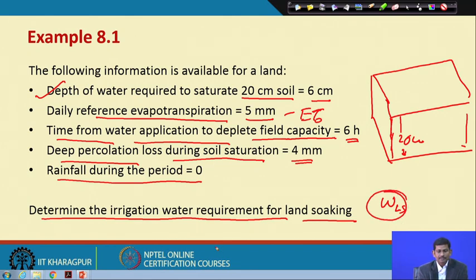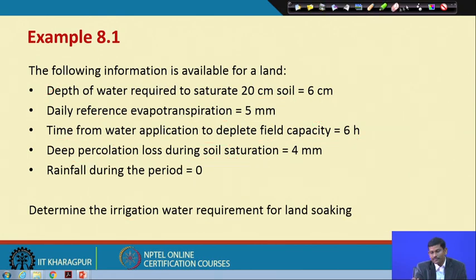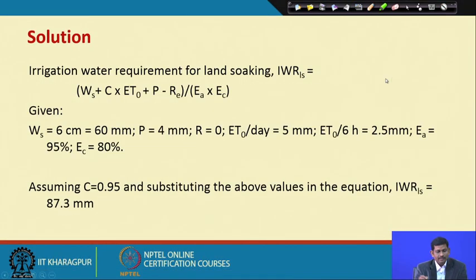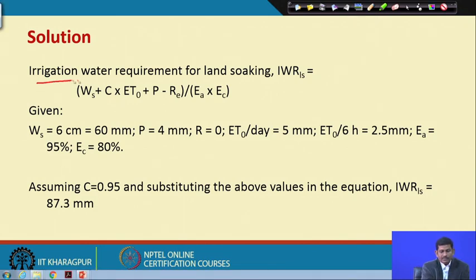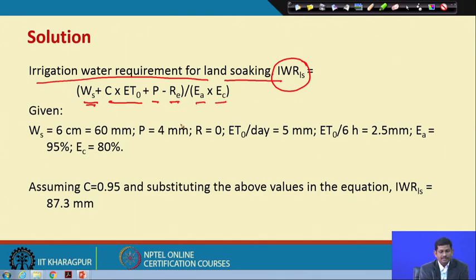Okay. So, this you need to find out. We have an equation, you can bring the equation here and substitute the data. Let us see the solution. The irrigation water requirement for land soaking, that is IWRLS, has a formula: WS, plus C into ET 0, plus P deep percolation, minus RE effective rainfall, divided by application efficiency and conveyance efficiency.